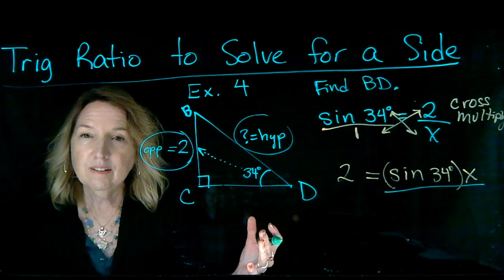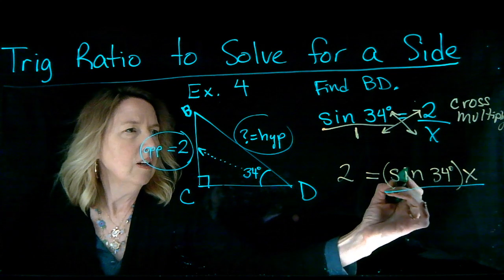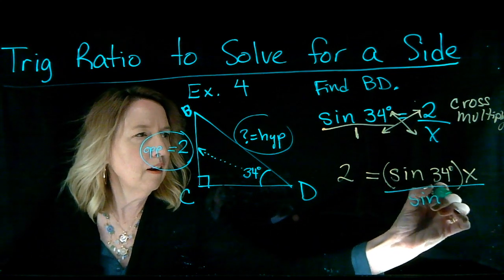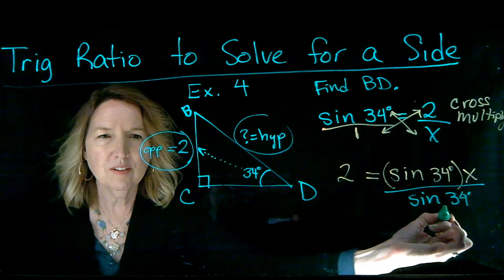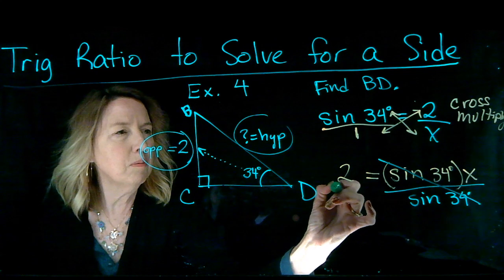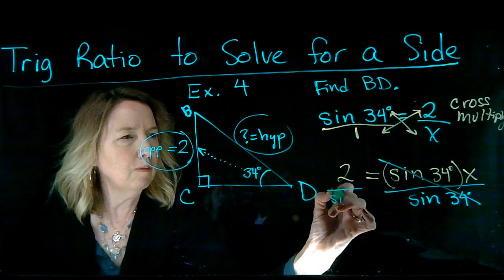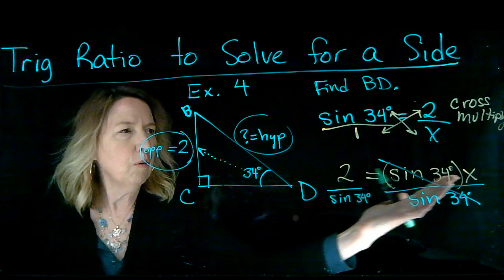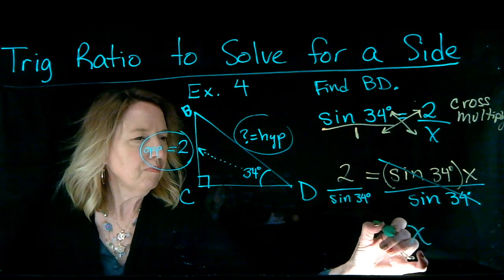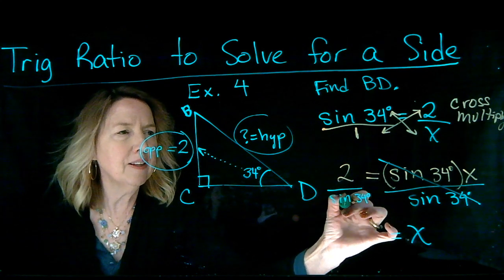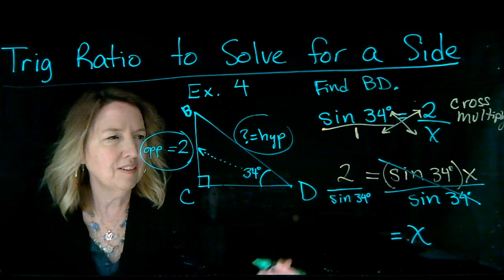The thing that I want to cancel. So I'm going to divide by the sine of 34 degrees. I'm allowed to do that as long as I remember to do it to the other side as well. So x is by itself, and it equals whatever 2 divided by the sine of 34 is.